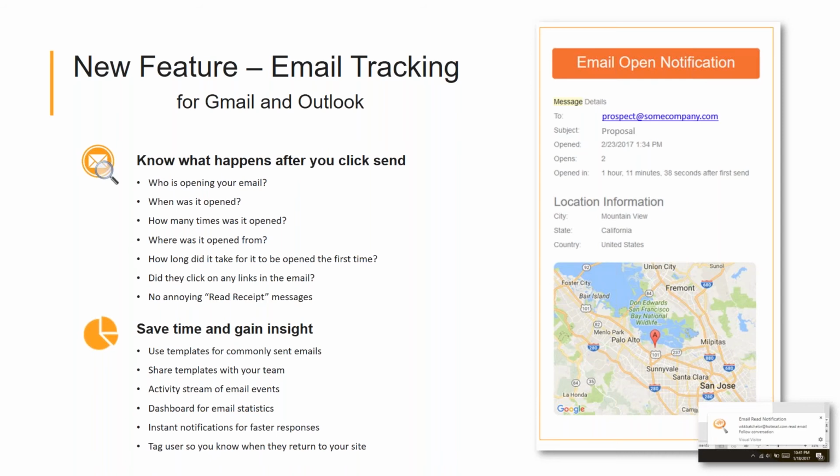If John Smith clicks on that link in your signature that goes to your website, he'll be tagged. So what that means is anytime John Smith comes back to your website, you're going to get an email that says, John Smith at ABC Company is back on your website, because he'll be tagged and you're always going to know when he returns. It's a really great feature, and it brings it all back together into the Visual Visitor Suite. And it really helps with that email anxiety.